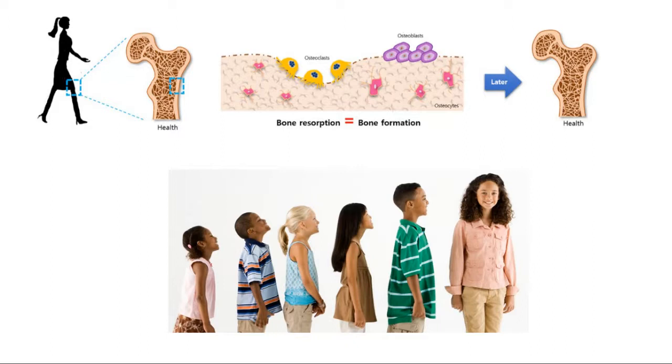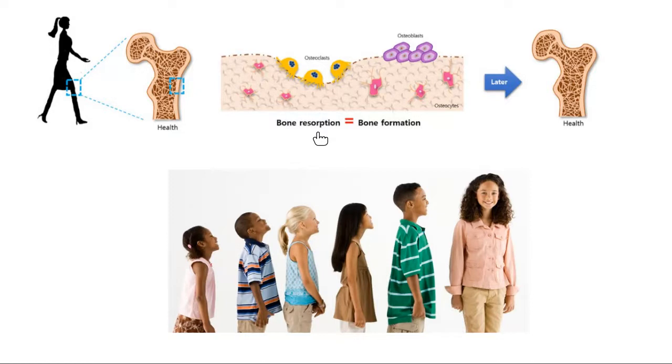I'm trying to build new bone. So when we're going in the process of growing taller, or as our bones are getting stronger, they're getting bigger, we would say that bone formation happens more quickly than bone resorption.